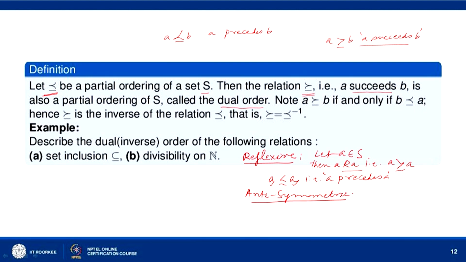Then let us prove the antisymmetric property. Let A be related to B and B be related to A. Then we have to show that A and B are equal.